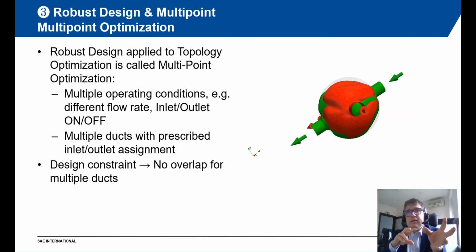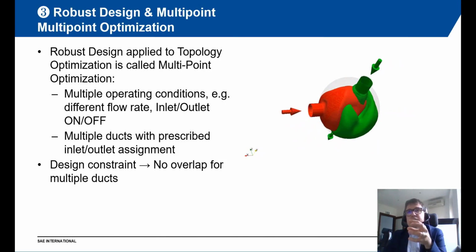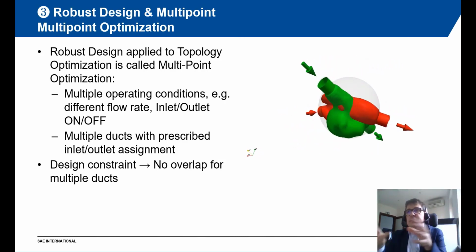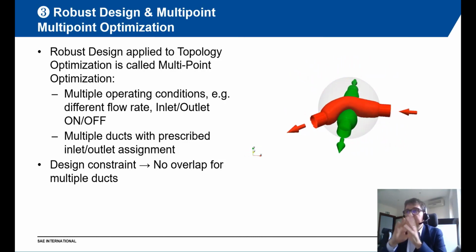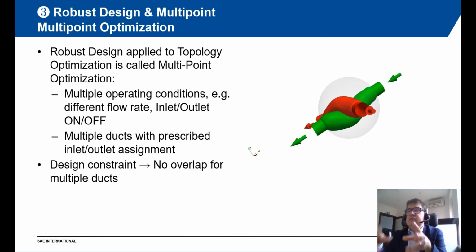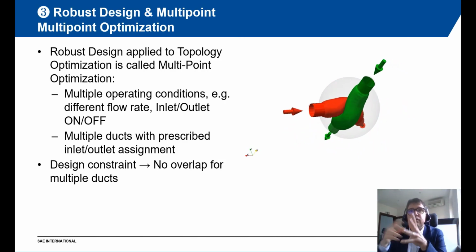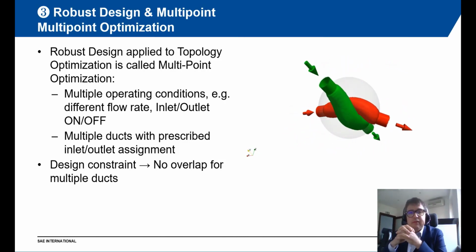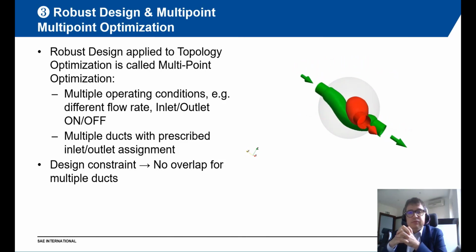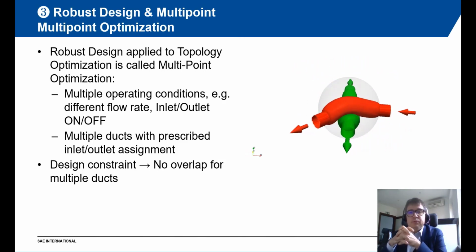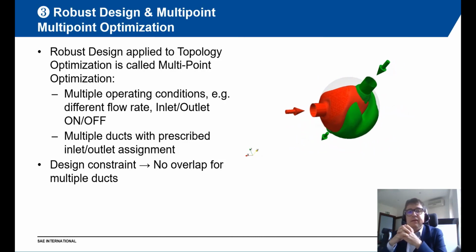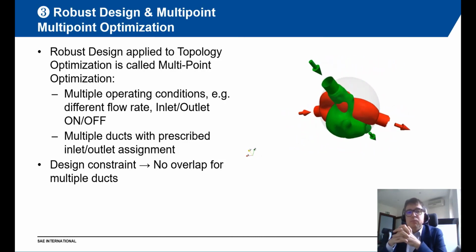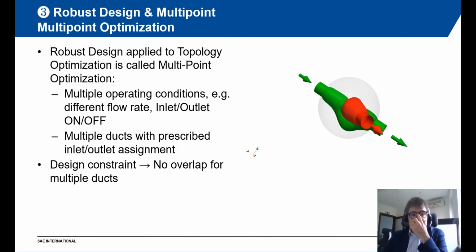So you can have one inlet, multiple inlets, and multiple outlets, which are on and off in a selective way, and you can optimize everything in the same CFD model without the need of running different CFD models. There is also another example of multi-point optimization, which we will focus our talk on today: multiple ducts with prescribed inlet-outlet assignment.